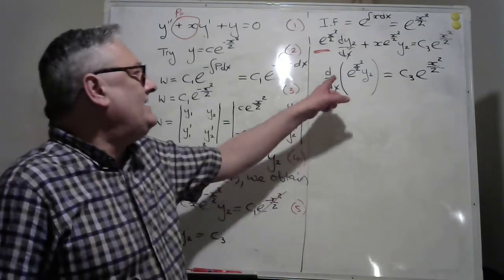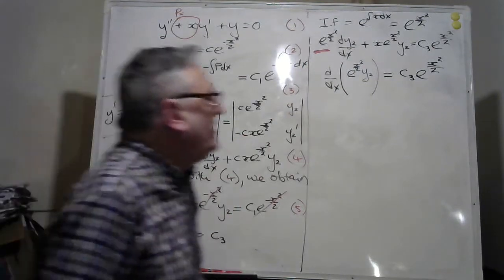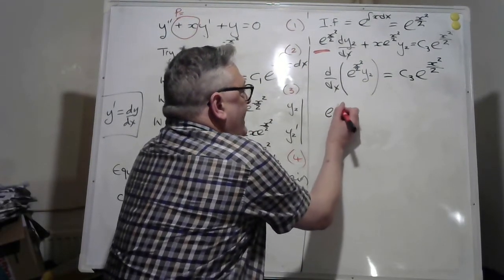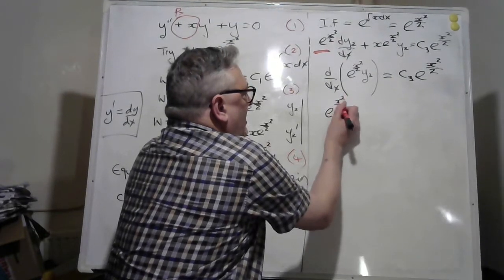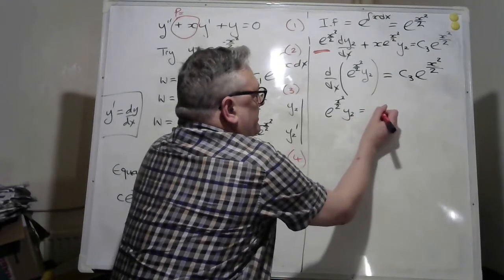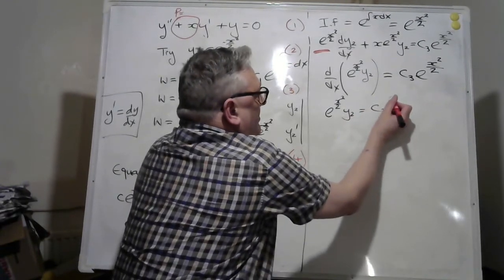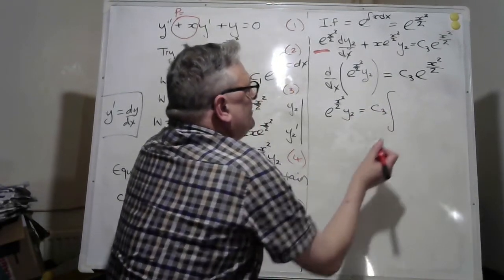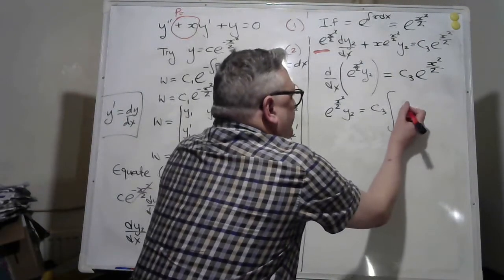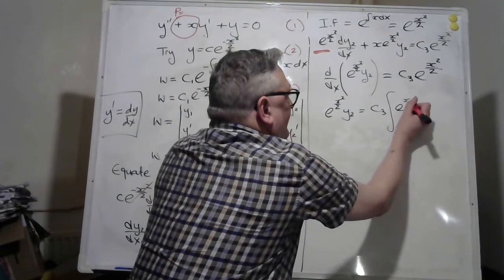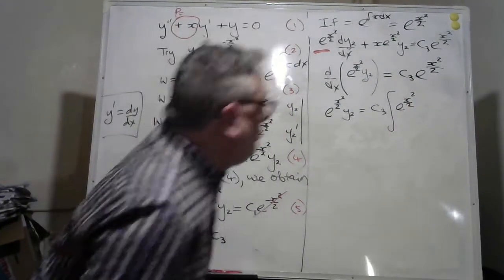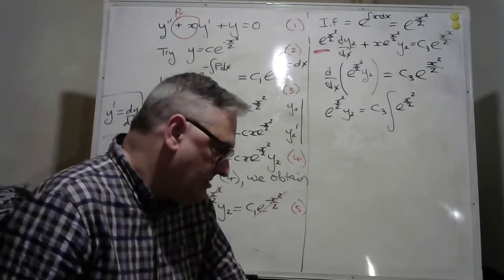First of all, it's easy to integrate the left-hand side, and so we write down e to the x squared over 2 y2 equal to c3 times the integral of e to the x squared over 2. Right, okay.